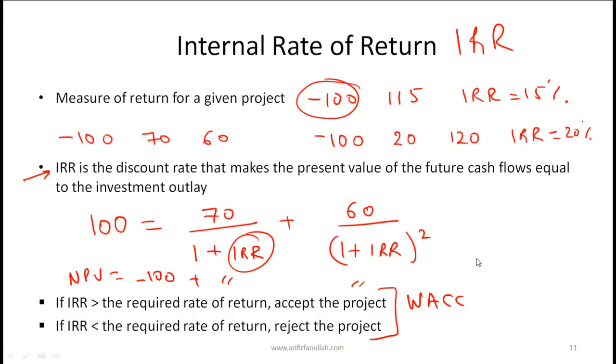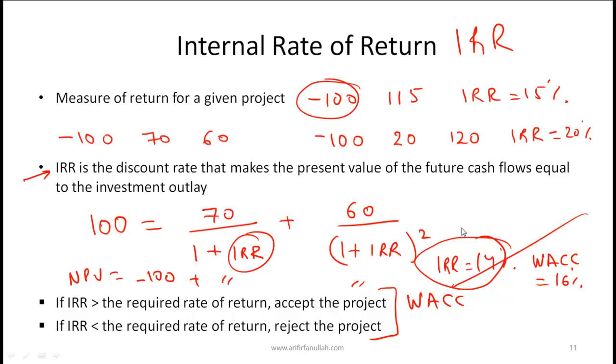If on a given project you are getting a return of say 14%, so IRR is 14%, but your cost of capital is equal to 16%, then it clearly does not make sense to do this project, because it's costing you 16% to raise money and the project is only giving you 14%, so clearly you reject this project.